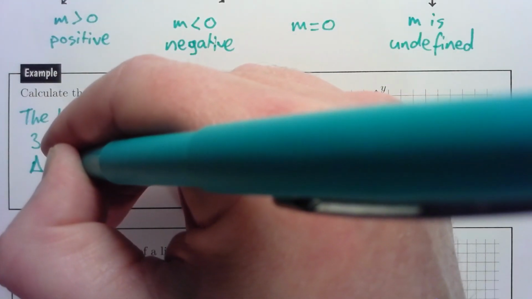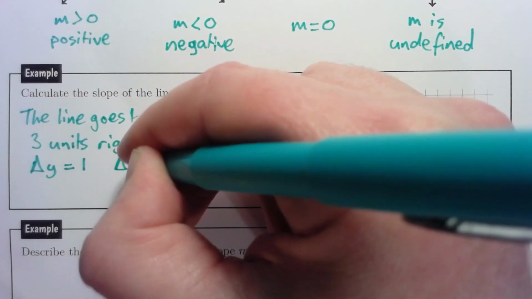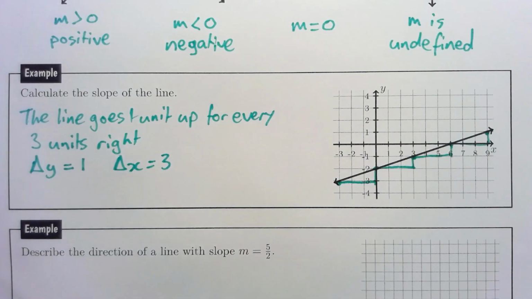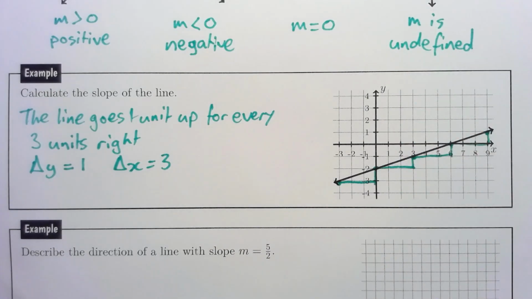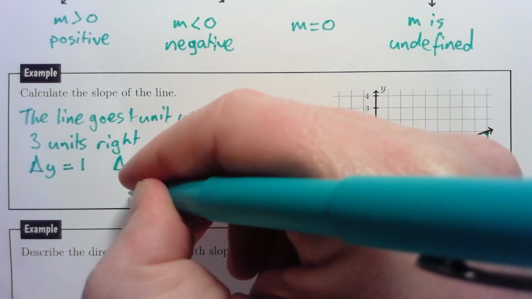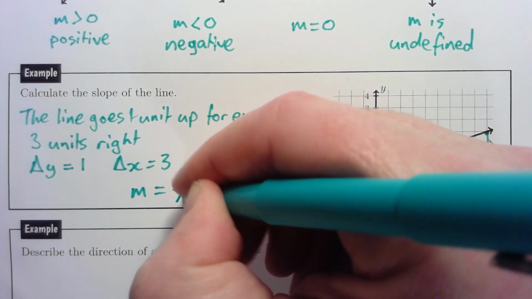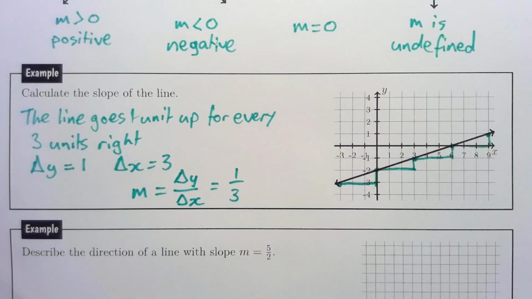So delta y, our vertical distance, is 1, and delta x, our horizontal distance, is 3. Now both of these are positive, because remember, to the right is our positive direction for x, and up is our positive direction for y. So the slope is delta y divided by delta x, which is 1 over 3, or 1/3.